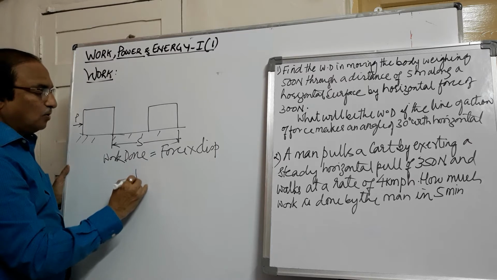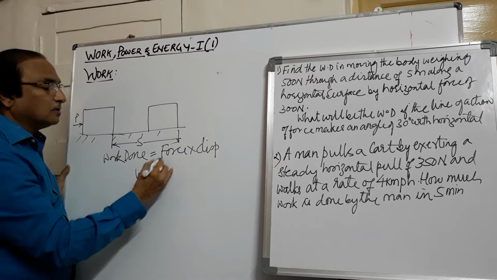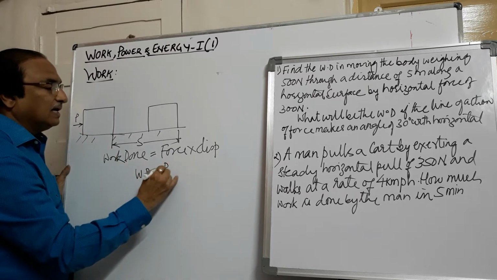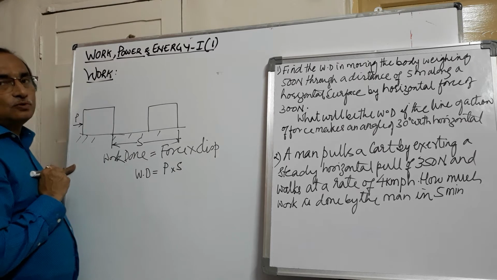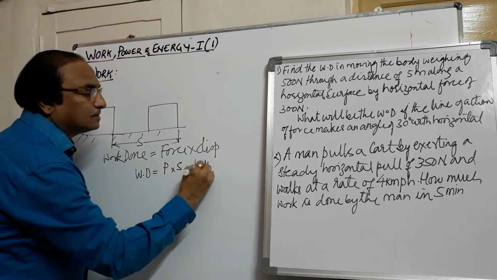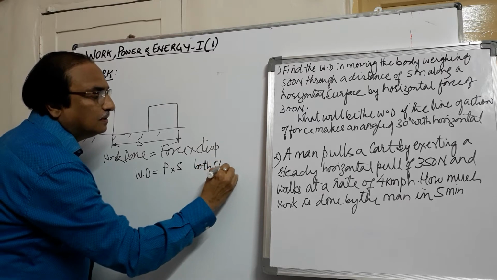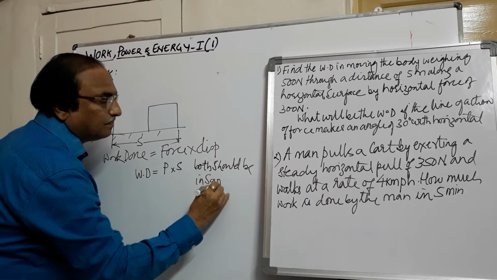Now here, if I call work done, I will be calling it henceforth WD, which stands for work done. So this is equal to force, which is P here, and S is the distance it is traversing. So force into distance. But both should be in the same direction.